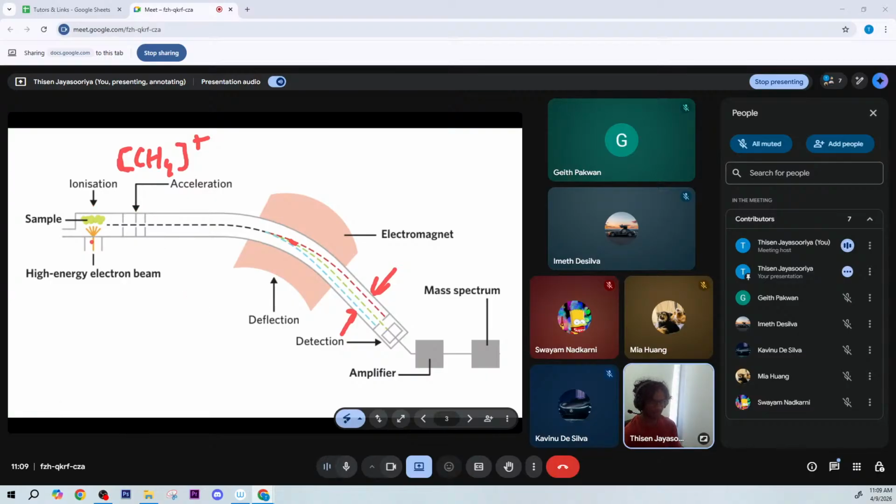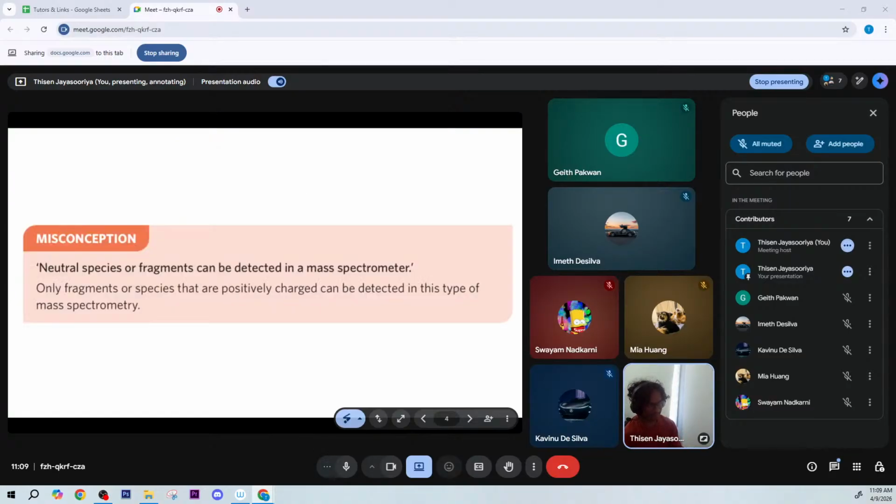So here we have an electron getting knocked off. It gets accelerated through a magnetic field, and the magnetic field hits the detector in different places, depending on its mass. You won't find any neutral fragments in here. I specifically mentioned that they had to be charged. Non-charged particles don't get affected by a magnetic field.